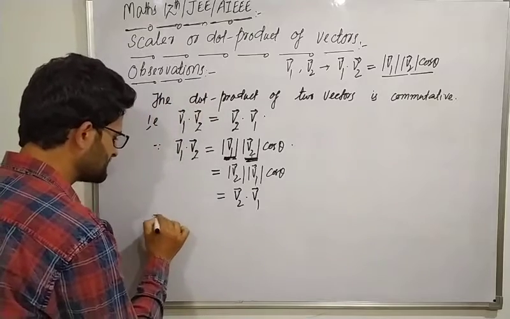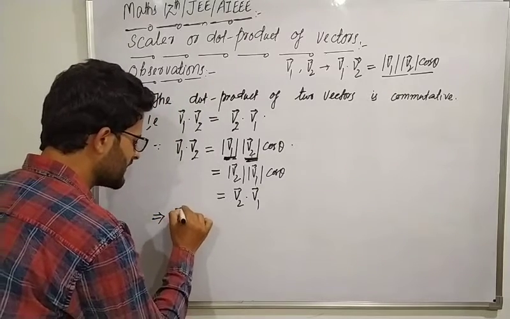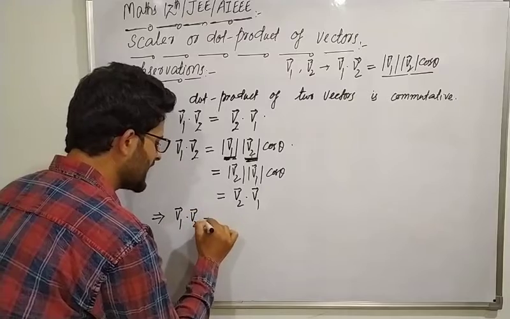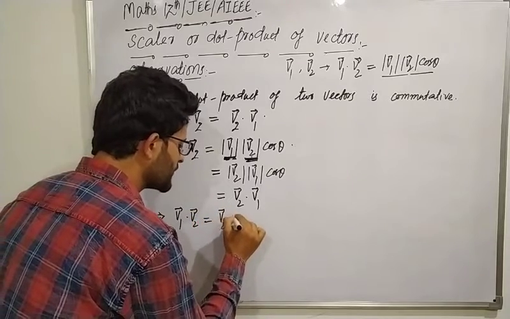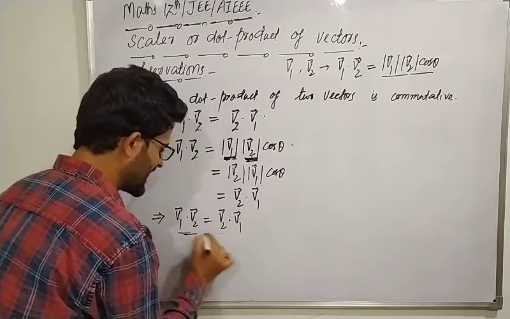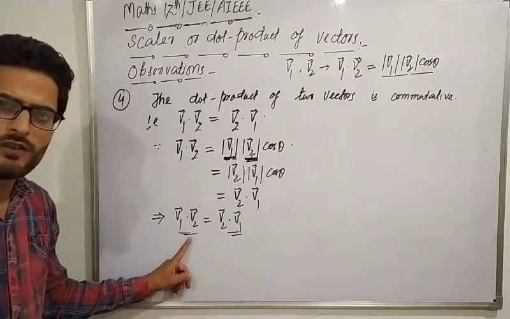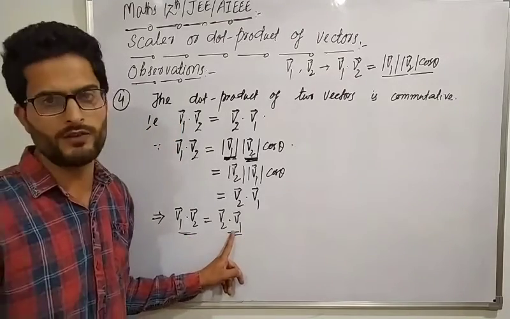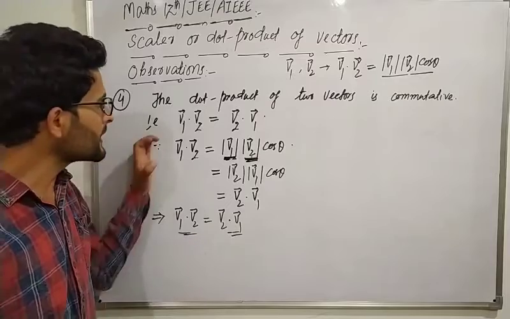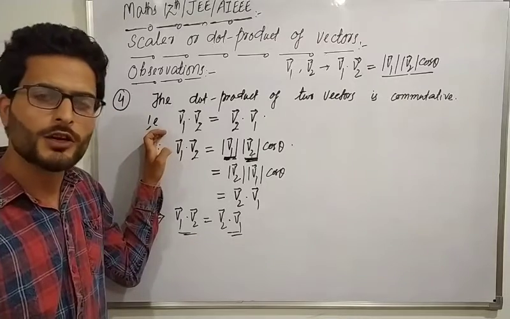So implies v1 dot v2 is equal to v2 dot v1, and if that is satisfied, then we can say that the dot product of two vectors is commutative.